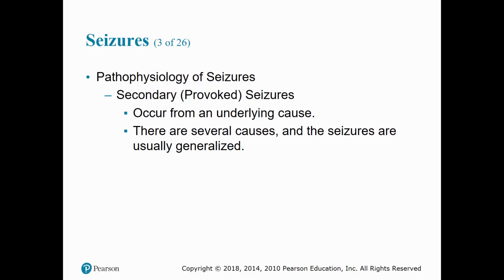Alright, secondary or provoked seizures, also known as reactive or symptomatic seizures, don't result from genetic causes, but occur as a result of an insult to the body, such as a fever, infection, hypoxia, hypoglycemia, hyperglycemia, drug intoxication, drug withdrawal, eclampsia in pregnancy, degenerative brain disease, toxins, or imbalance of electrolytes in the body. So many things can cause seizures, and these are secondary or provoked seizures, meaning something caused them and it's not genetic.